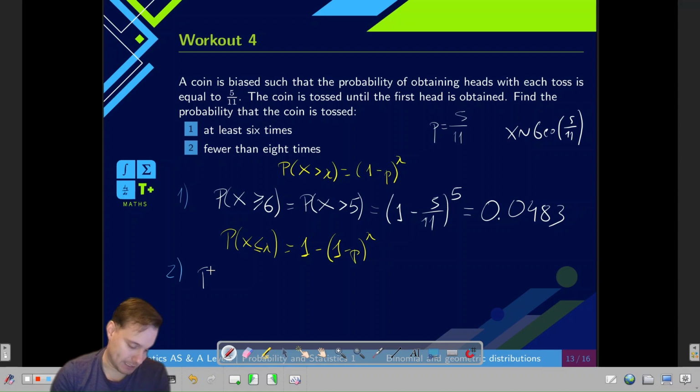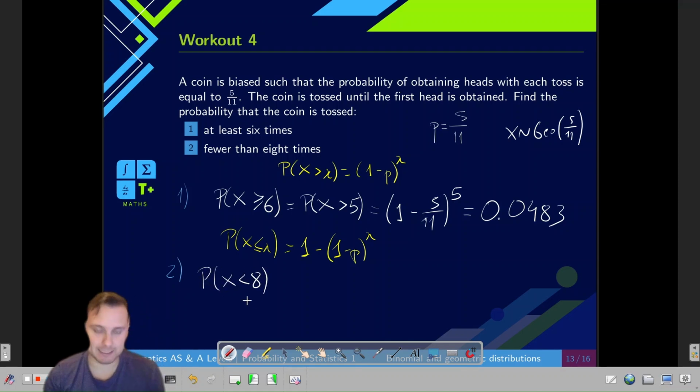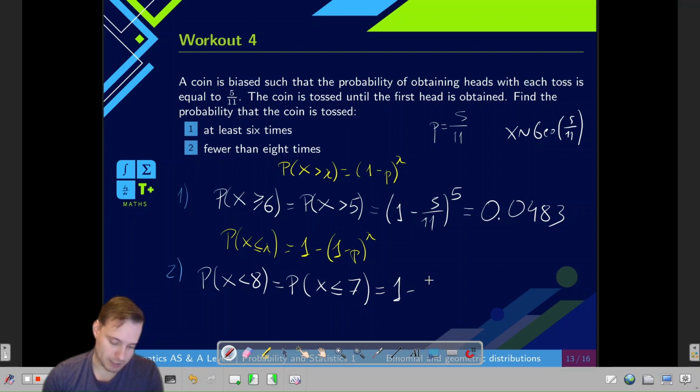Less than 8 times means probability of x less than 8. Again, we have a problem because my formula uses less or equal and I'm just given less than. But we can solve it using the idea of discreteness. If a value is less than 8, then the value is less or equal than 7. So we can use the formula with my lowercase x being 7.